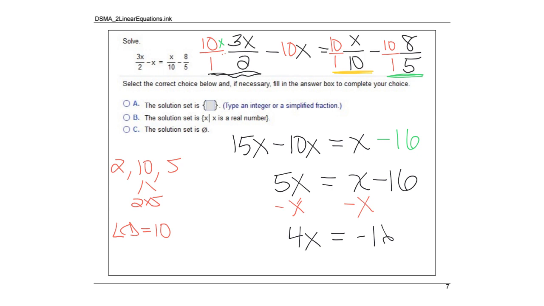Then we're going to divide both sides by 4, right? Because it's 4 times x. And so that leaves us with x equal to negative 4.